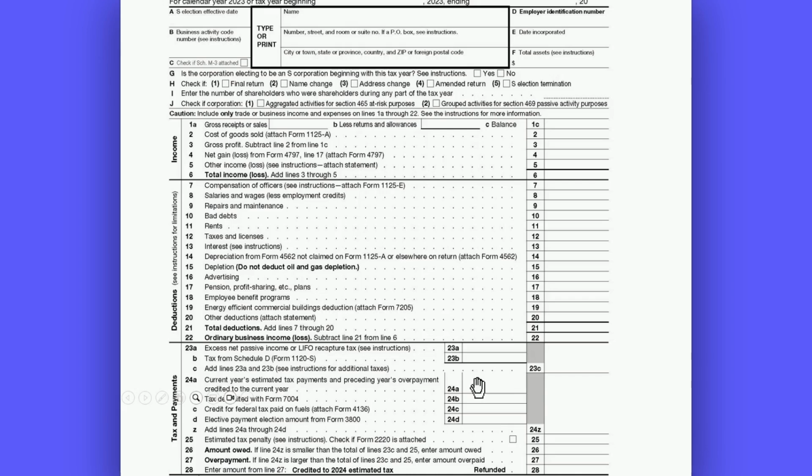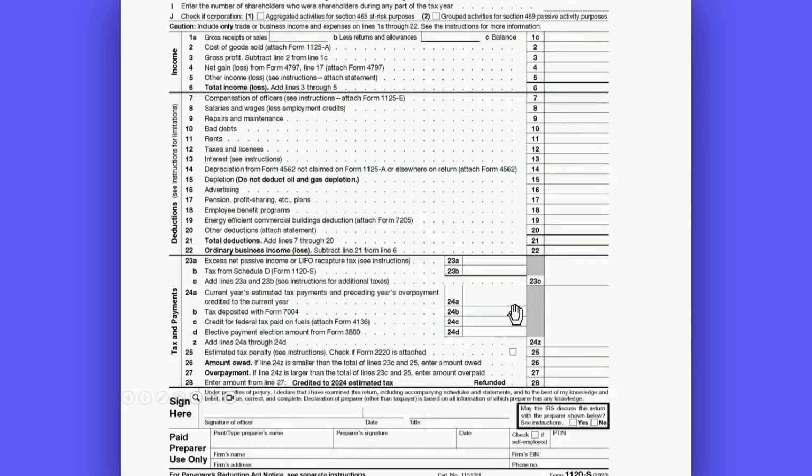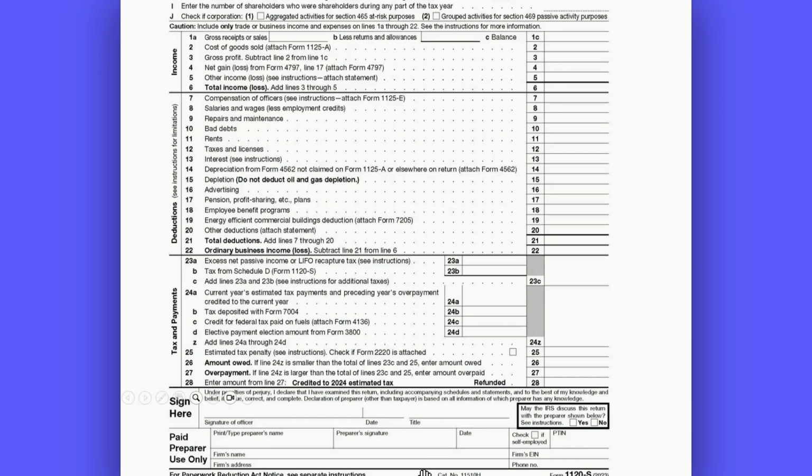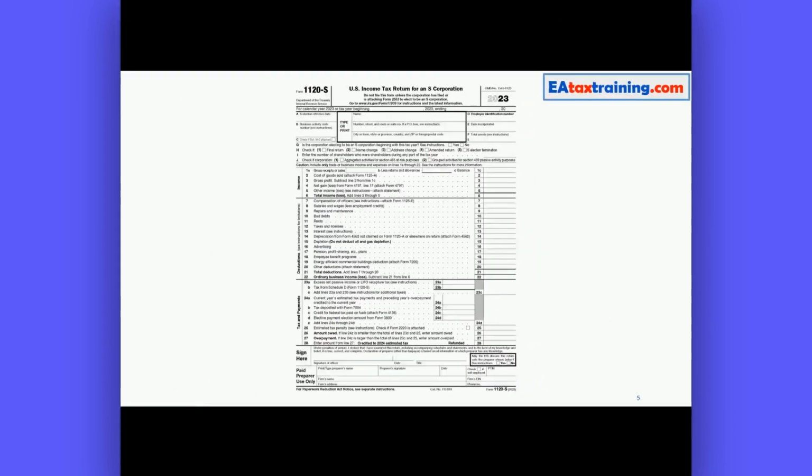So as we said, usually an S Corp doesn't pay tax itself, only the owners do. But if what used to be a C Corp is now an S Corp, there can be some special taxes that come into play that we will talk about a little bit later. And then that comes down to our signature block. Of course, there are other pages. We will have a look at some of those later in this video.